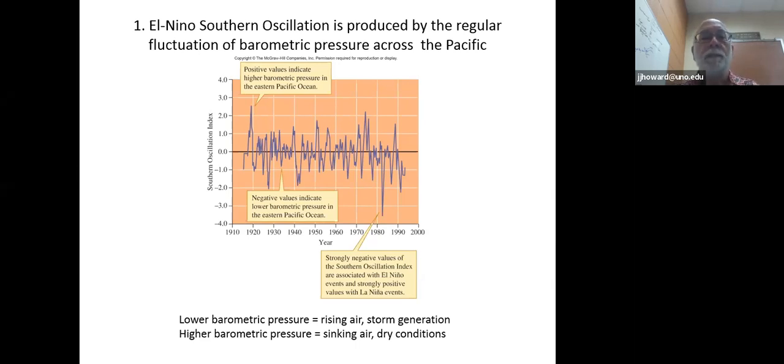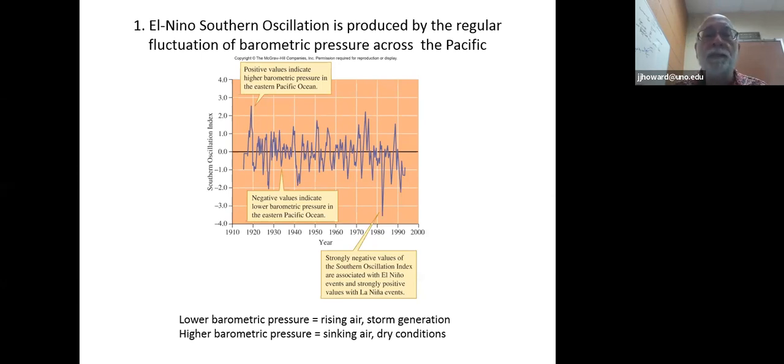So when the oscillation index is positive, we have cold sinking air by Peru. And of course, that produces a desert, right? Because as it sinks, it warms adiabatically and sucks all the moisture from the surrounding environment. That's why Peru and Chile have coastal deserts.